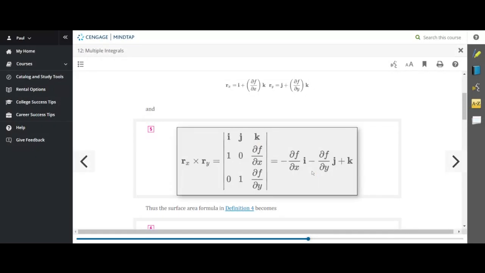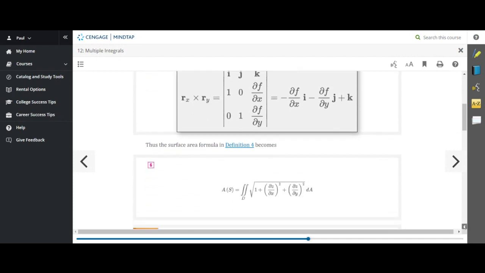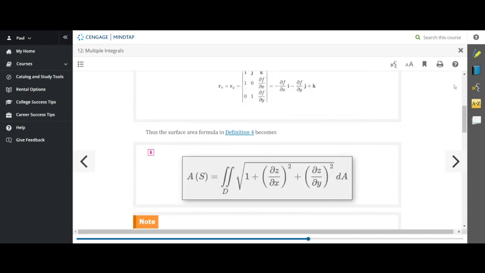You can do the cross product of those two vectors, and the first component is negative partial derivative of f with respect to x, the second component is negative partial derivative of f with respect to y, and the third component is 1. Then the absolute value of that cross product vector, which is needed for the surface area formula, would just be this.